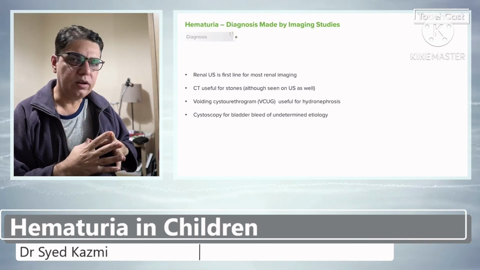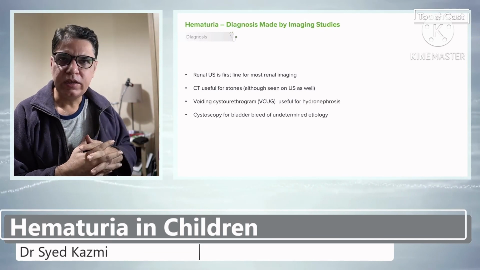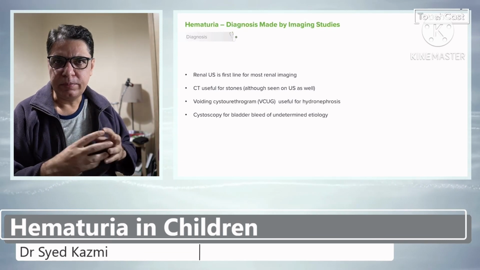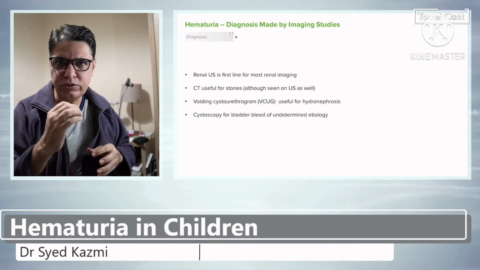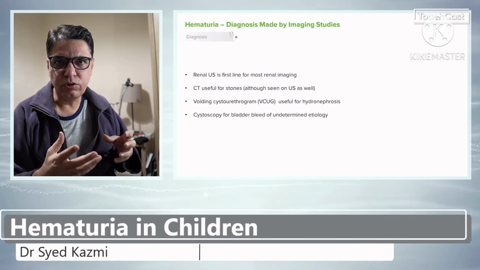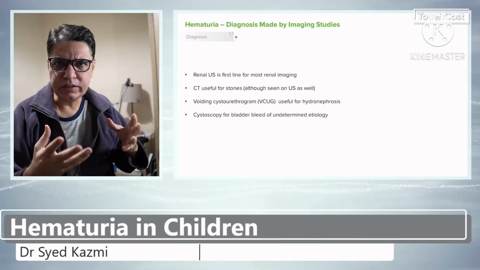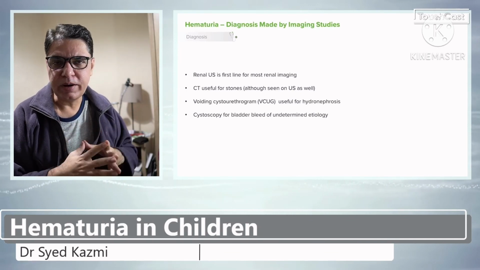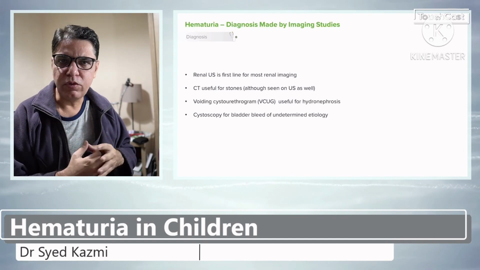And last but not least, cystoscopy is an imaging modality in which you pass a cystoscope into the bladder and look at the inside of the bladder to see if there is any growth or other abnormality in the urinary bladder which might be responsible for hematuria.